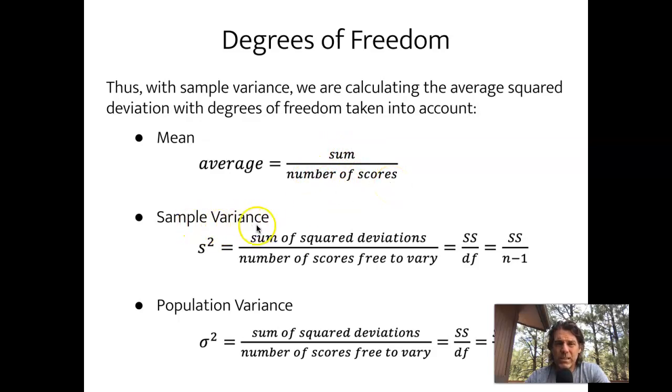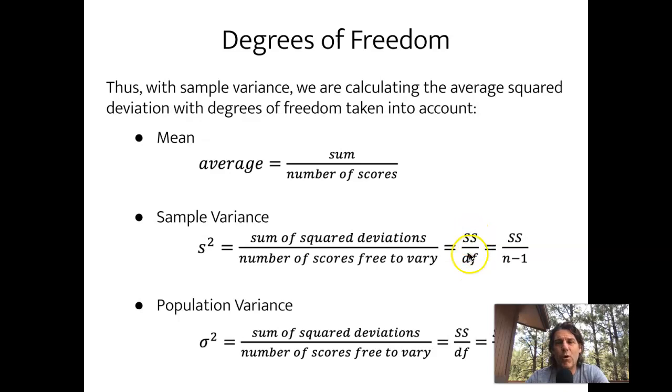Well, when we're doing the sample variance, it's the same kind of idea. It's the sum over the total number. But think of it this way. It's the sum of those deviations, squared deviations as it turns out, divided by not just the number of scores, but the number of scores that are free to vary. And so that's why technically you could write the sample variance as sum of squares over degrees of freedom.